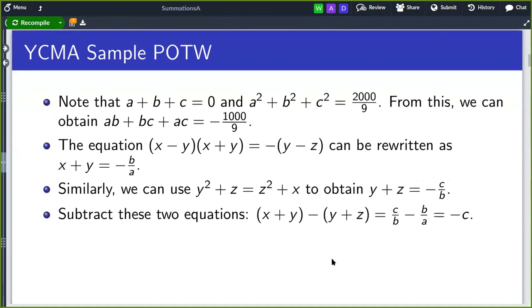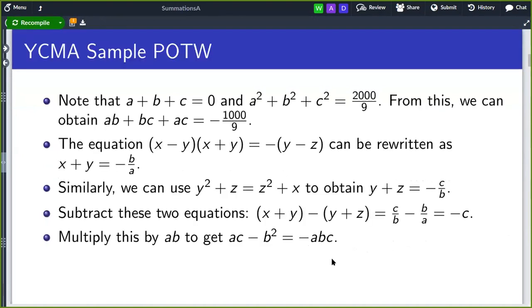If we multiply this equation by ab to clear the denominators, then we get ac minus b squared equals negative abc, right?